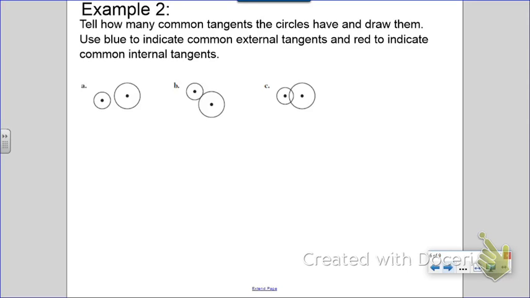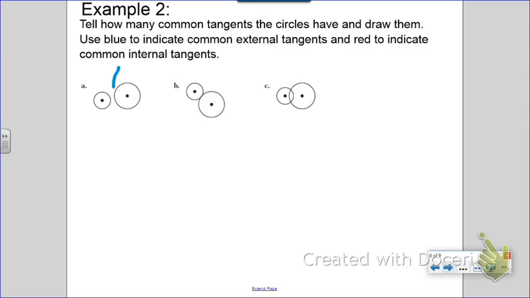Tell how many common tangents the circles have and draw them. We use blue to indicate common external and red to indicate common internal. So blue is for common internal tangent lines.